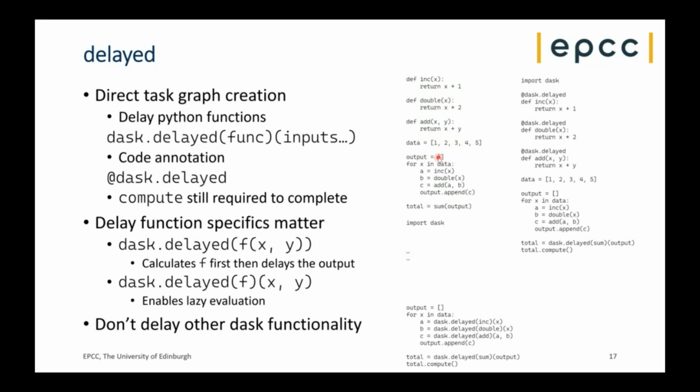Then we have a loop over a list of numbers, and we take each element of the list, add one to it, double it, add those two things together, and create an output. You can see here that A and B can be computed independently, and that A, B, and C can be computed independently for each time we go around this list.